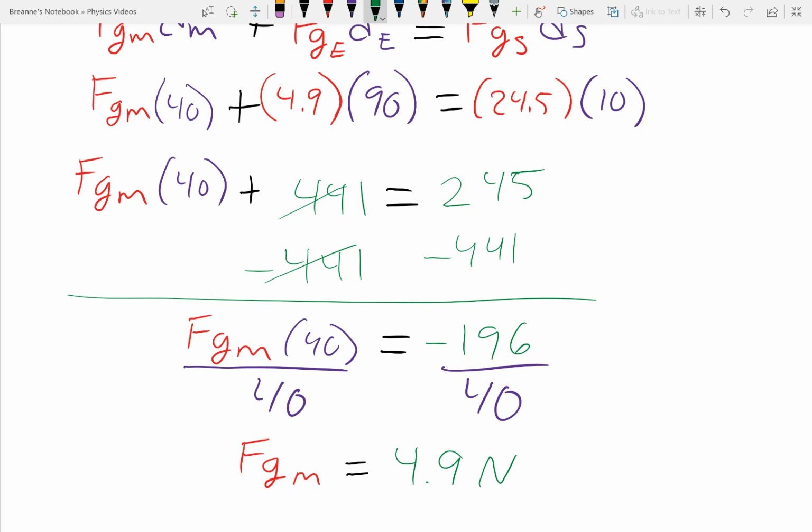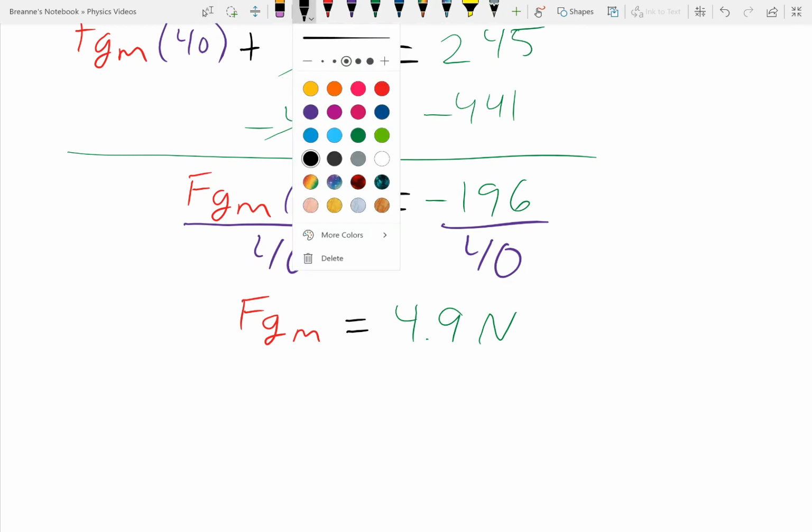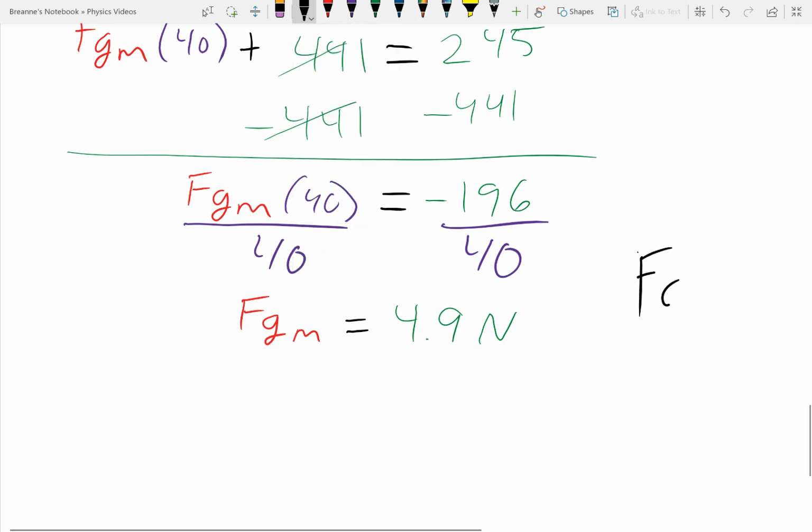Now, that's in newtons. Let's say that it was asking for your mass instead of your force of gravity, so pay attention to your problem. If it's asking for the mass, remember your force of gravity equals mass times your acceleration due to gravity.